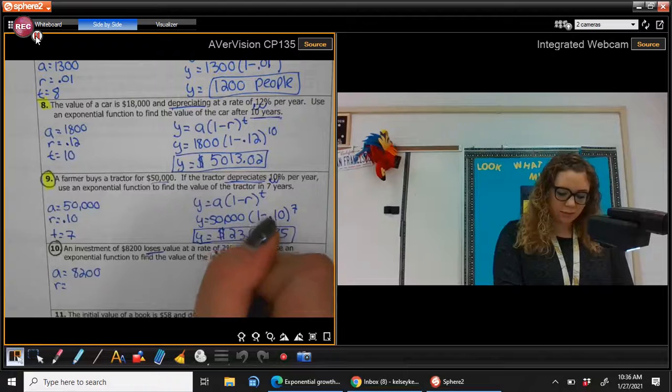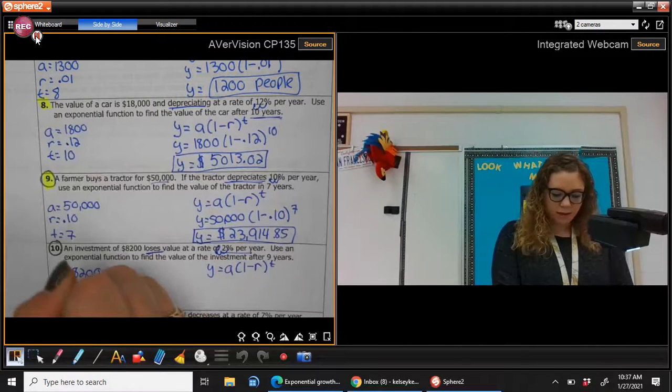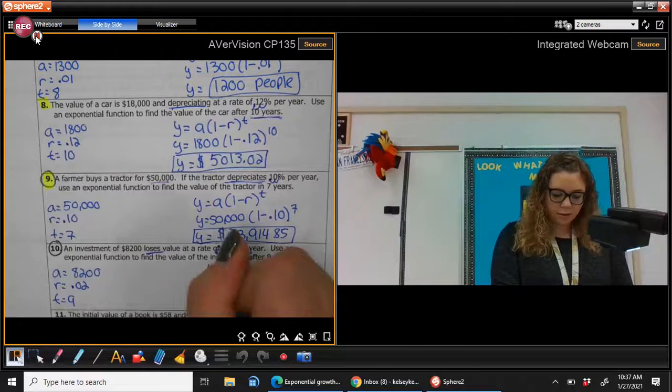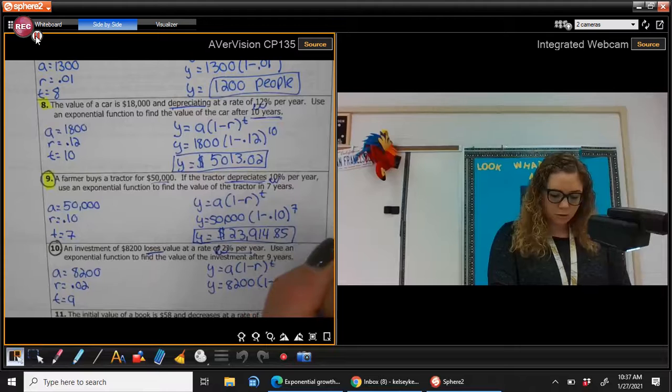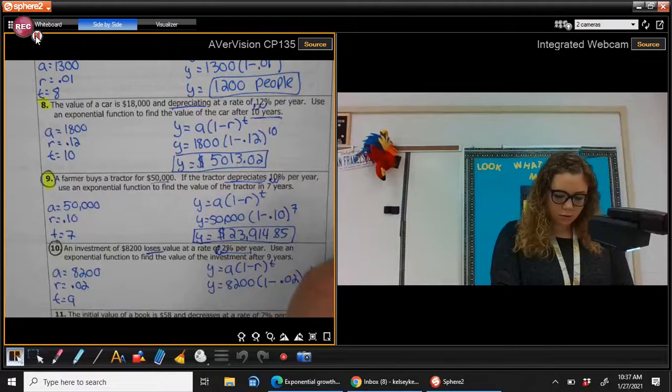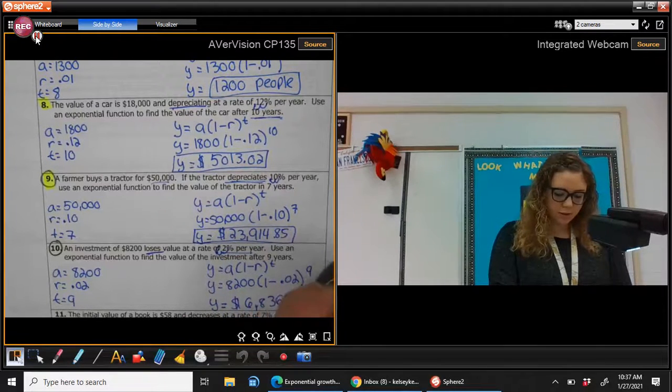Change it to a decimal, so I have 0.02. And then my time is going to be 9. Plug all that in and I'm going to get y equal to $6,836.73.